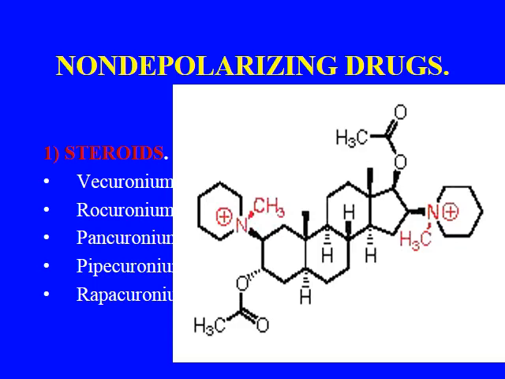The members of the steroid group are vecuronium, rocuronium, pancuronium, pipecuronium, and rapacuronium. These are the neuromuscular blockers which are steroid in nature.